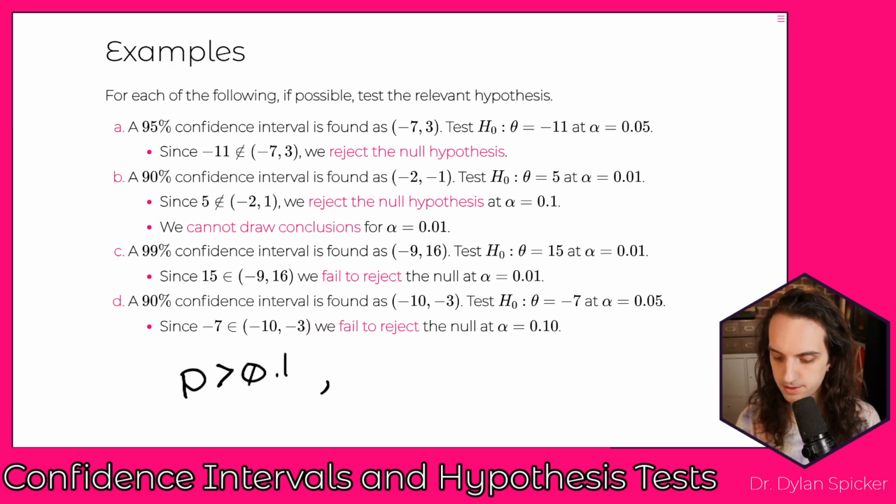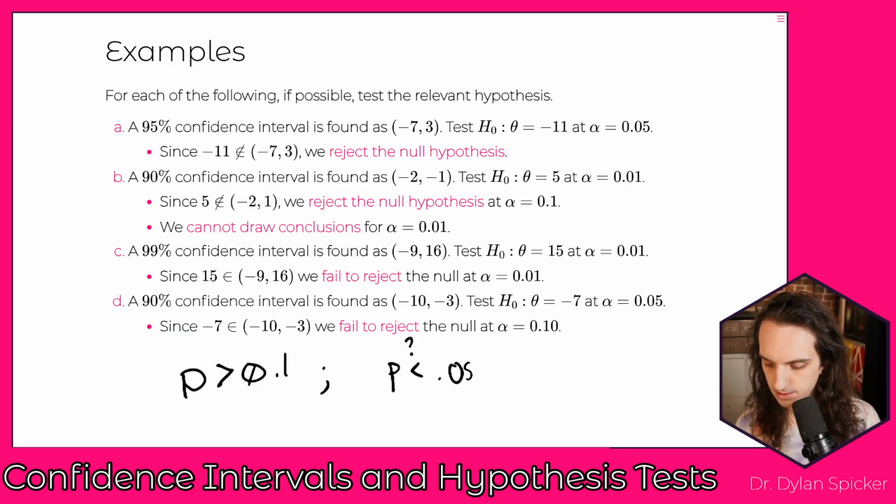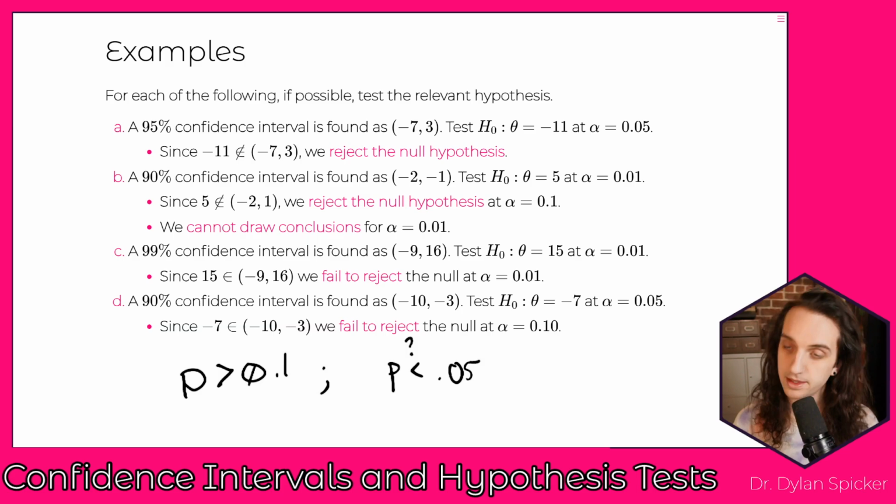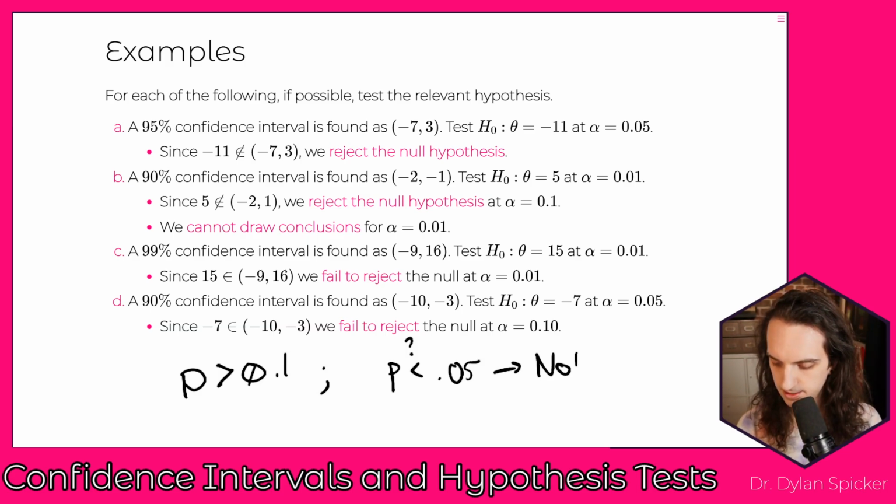In order to run the hypothesis test at alpha equals 0.05, we want to know, is p less than 0.05? But of course, we already know that p is greater than 0.1, right? And so we can say, well, no, this is not the case. And so as a result, we're going to fail to reject at alpha equals 0.05 as well.